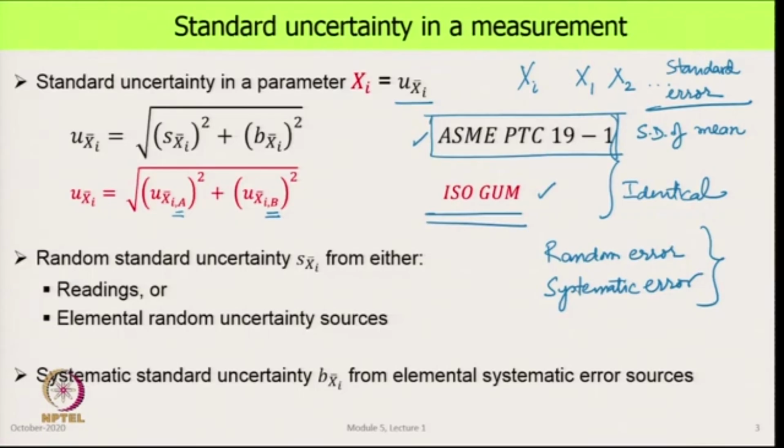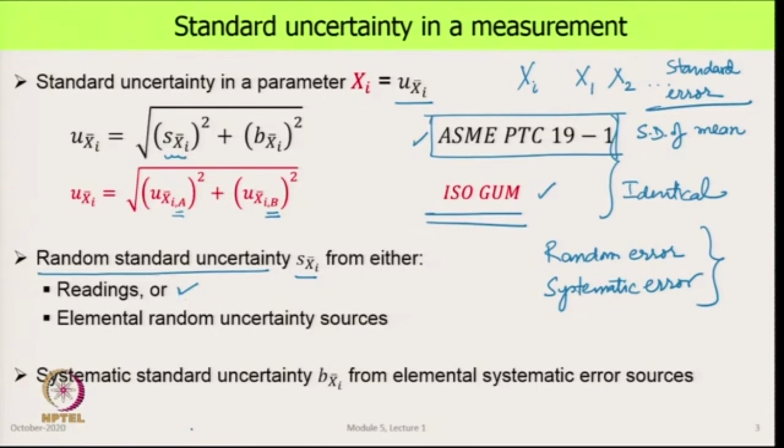Now to calculate it, the strategy goes as follows. We calculate the random standard uncertainty s x_i bar, which is this term here, in one of two ways. Either we collect a lot of measurements from the instrument, those are our readings, and then do a calculation on that.